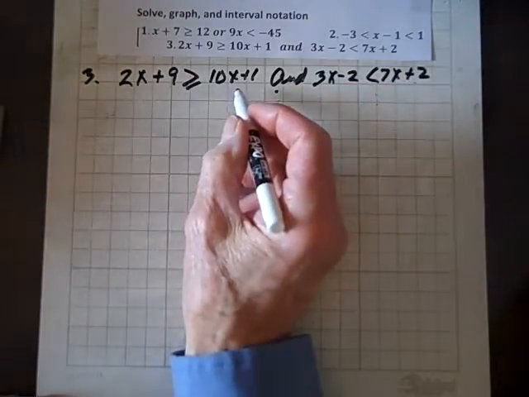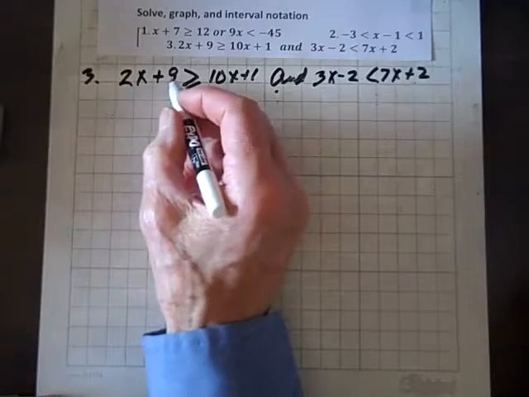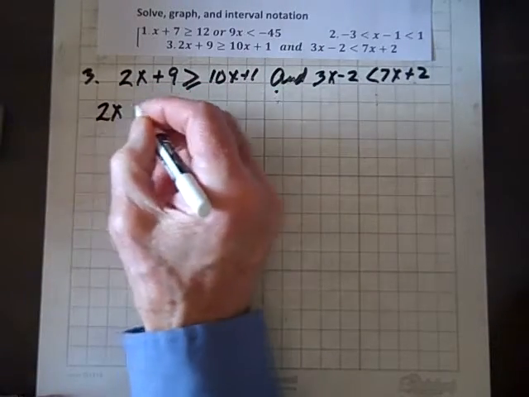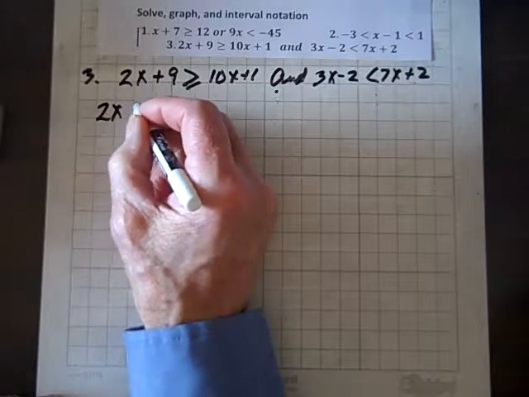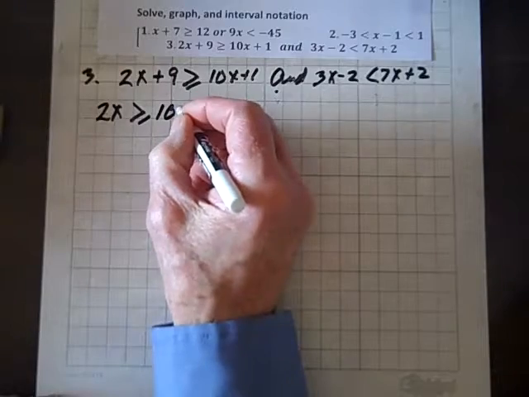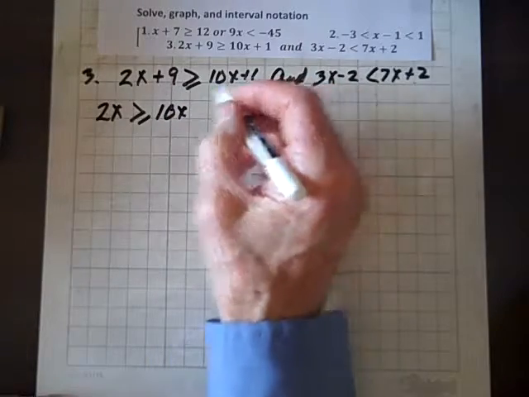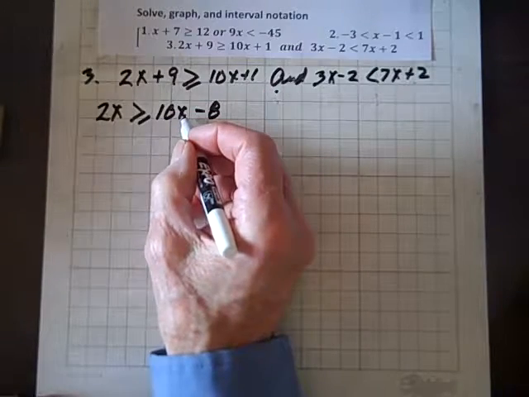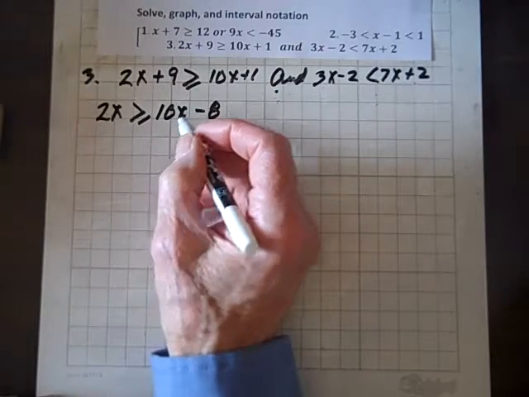So let's deal with this one first. And we'll subtract 9 from both sides. So we get 2x, subtracting 9 from 9, those cancel out, and we get 10x, and 1 minus 9 is minus 8. Now let's subtract 10x from both sides.